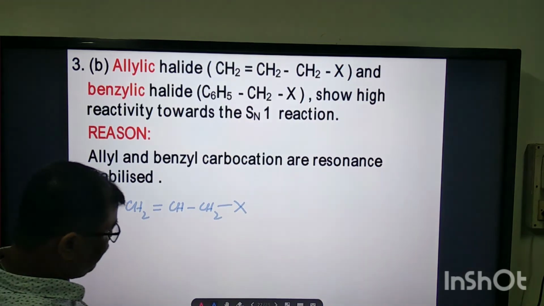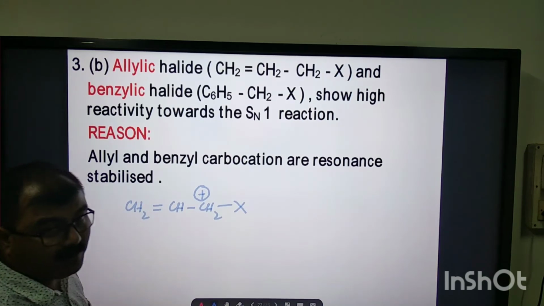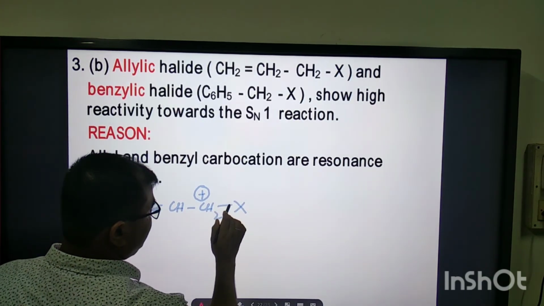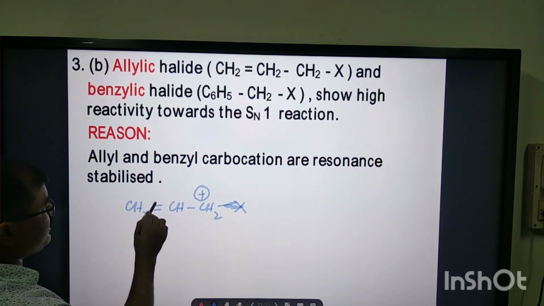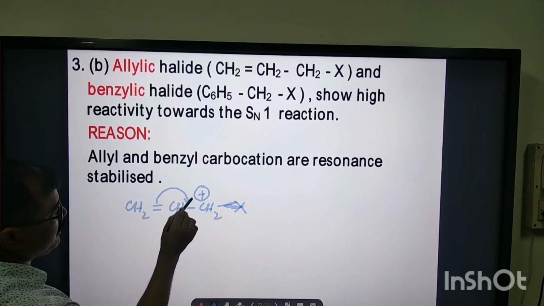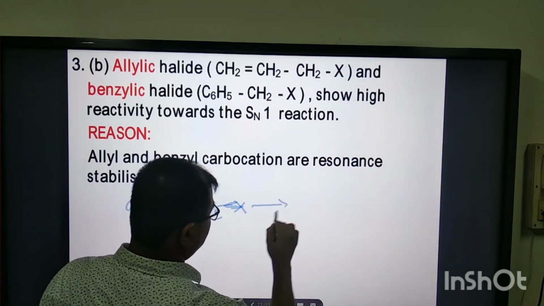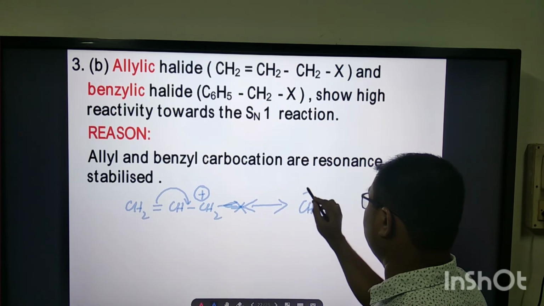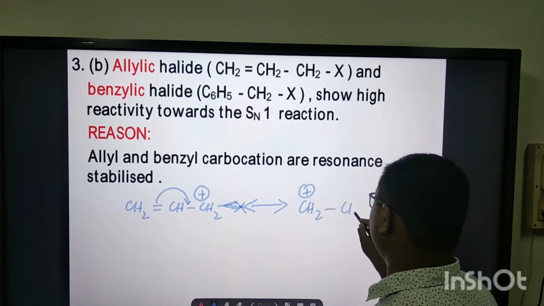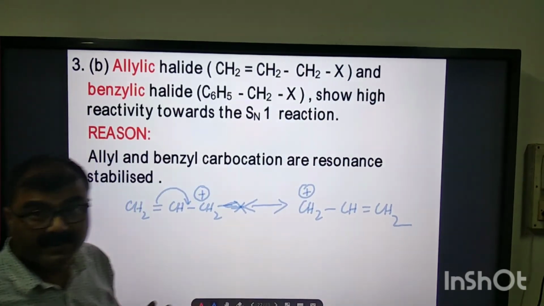The allyl carbocation will be like this, and the halogen will not be there. How is this allyl carbocation resonance stabilized? If this electron moves towards this, then see, it is resonance stabilized.